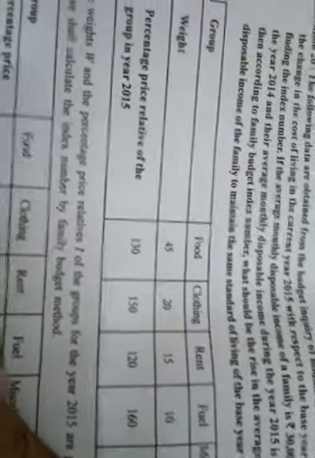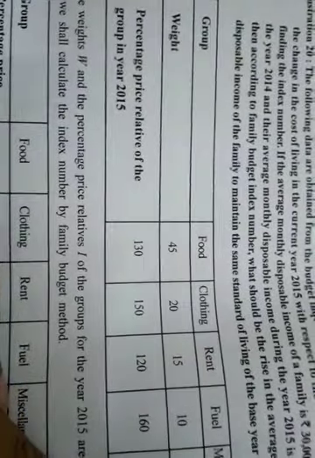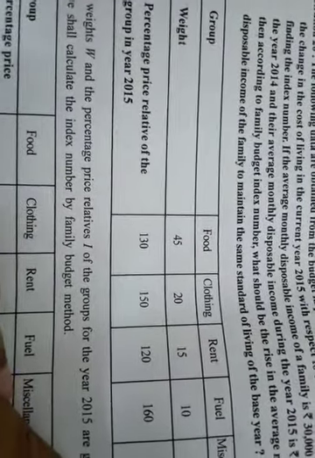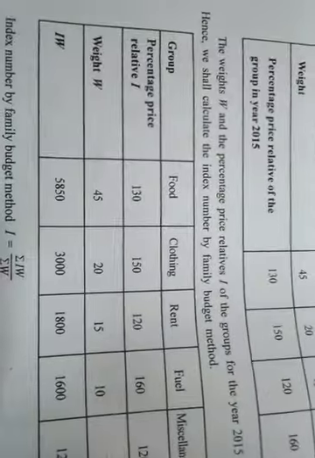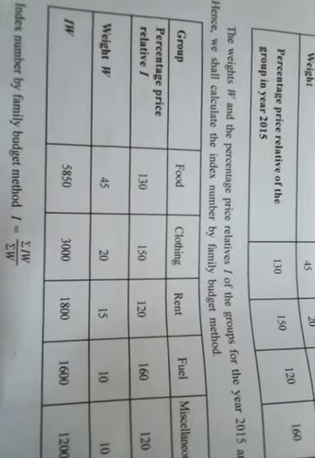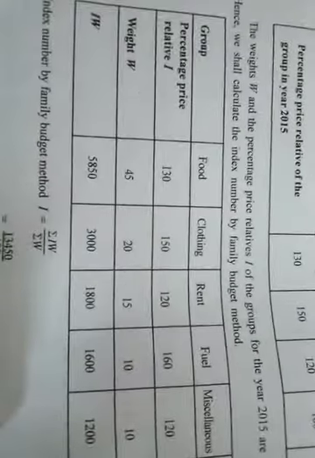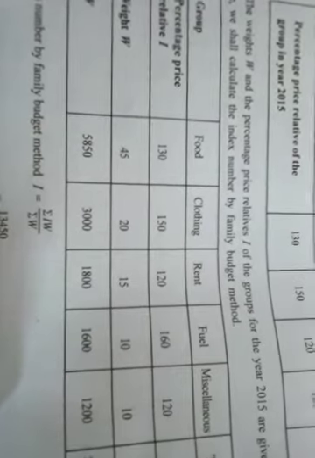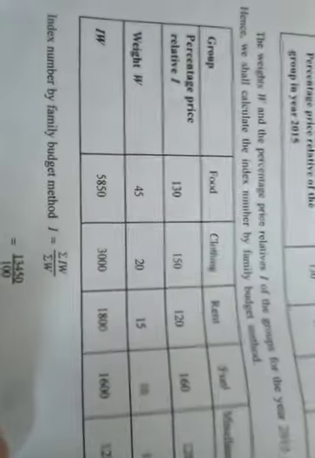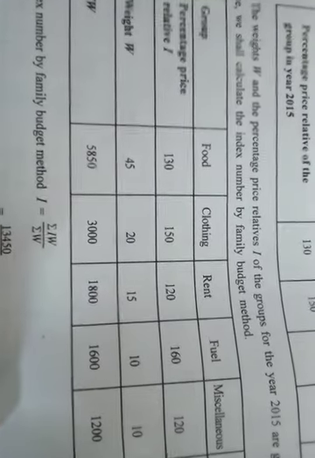That is the question. What are the things given to us? Group, weight, and the percentage price relative of the group are given. Let us write the table: food, clothing, rent, miscellaneous, etc. The percentage price relative is 130, 150, 120, like that, and weight is given as 45, 20.